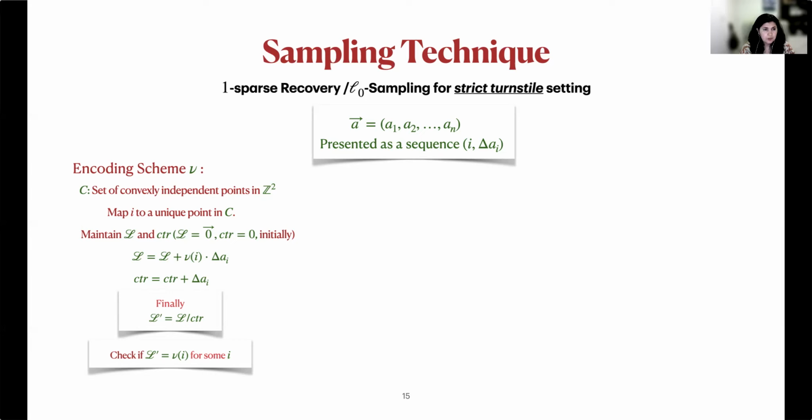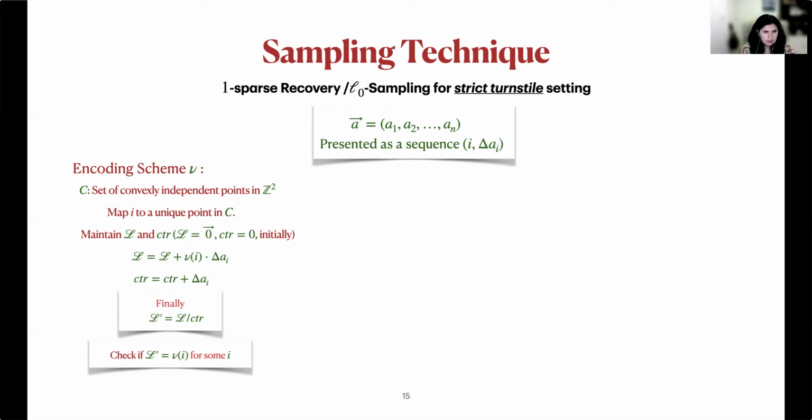Now we map each coordinate I of the vector A to a unique point in C. Now we maintain two things as the stream progresses: an integer vector L and an integer counter CTR. L is initially a 0 vector and the counter CTR is 0.